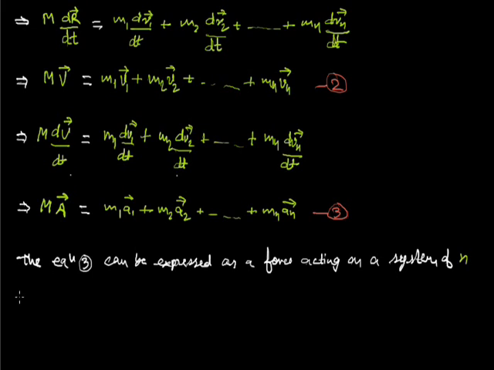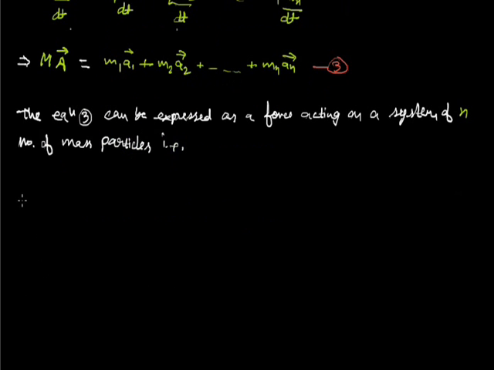That means we can write the equation as: the force acting on the center of mass can be considered as the vector sum of the forces acting on different mass particles. And we can also say if different forces are acting on each of the mass particles of that system, then their vector sum will provide the force acting on the center of mass of that system.